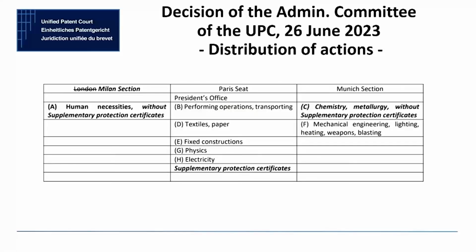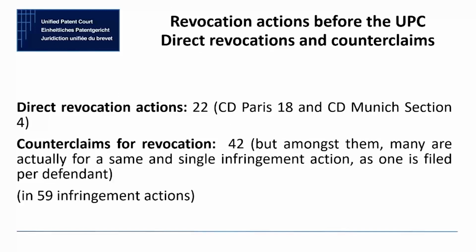I don't have the answer, but I can just say that following my experience as a national judge, I was surprised by the number of cases launched in the central divisions with the revocation action, direct revocation. So at the moment we have 22 revocation actions, so 18 in Paris and 4 in the Munich section.